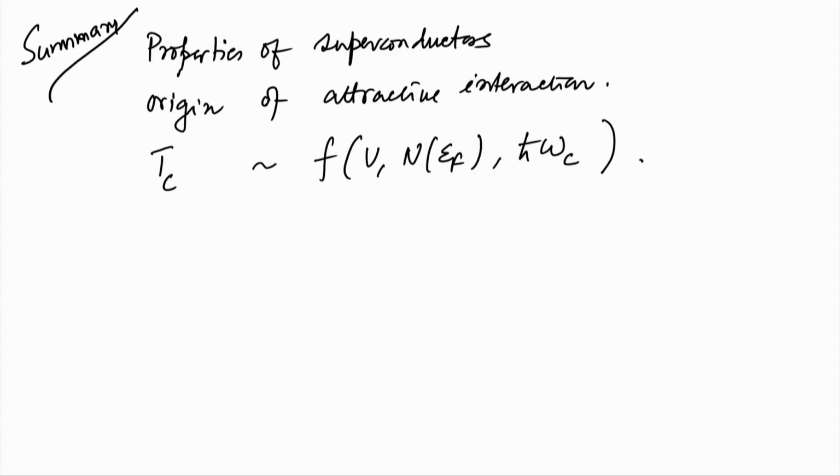For a particular form of this interaction term, that is V k k prime equal to a minus V for xi k minus xi k prime falling in this energy interval h cross omega d, we have been able to write down the equation of the gap, and also at finite temperatures the temperature dependence, or rather how the critical temperature depends on these quantities such as V, that is the attractive interaction, the density of states, and the phonon frequency, call it omega d or omega c.